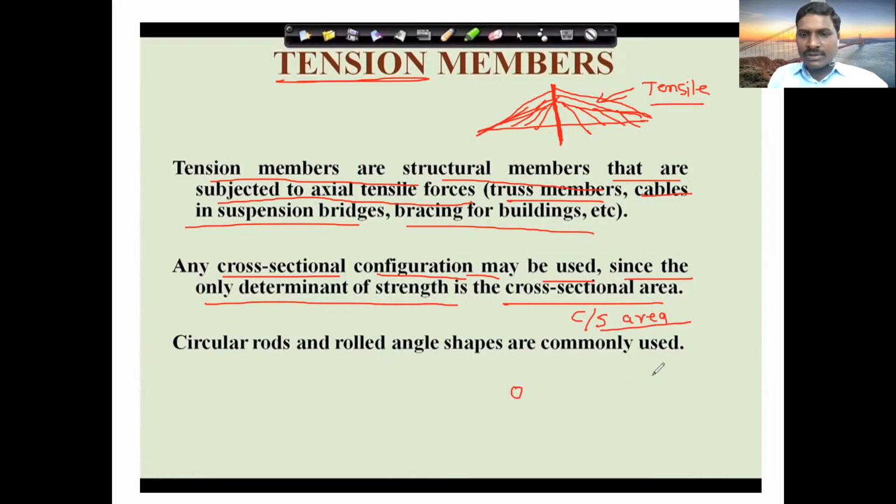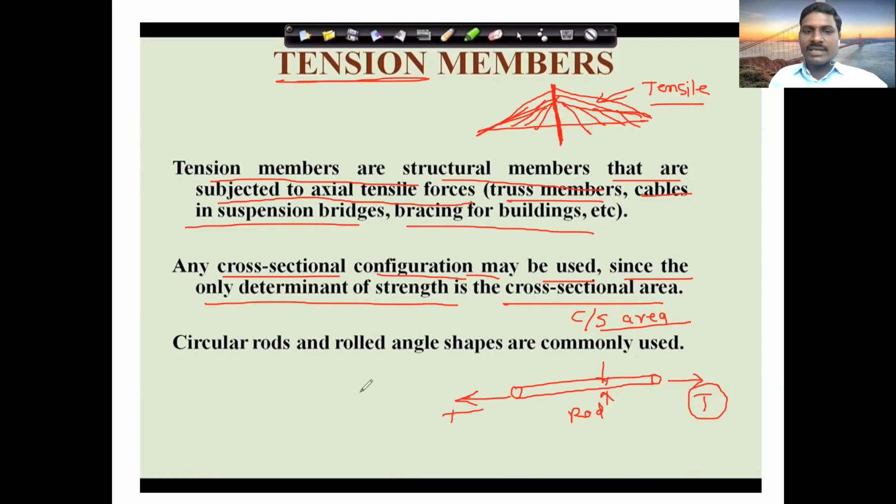If this is a rod and we apply a tensile force on this particular rod, then the tensile force carried depends on the cross-sectional area of that rod. How much cross-sectional area is there?